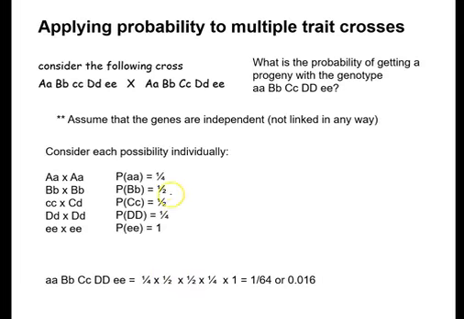And you could do this for phenotypes too, as long as you knew what the phenotype we were looking for was and what's dominant, what's recessive or incomplete dominant or whatever it might be. Again, you just look at that probability individually, and then you usually multiply them together, because if I want an offspring with this genotype, what's the probability? Well, it's this and this and this and this and this.